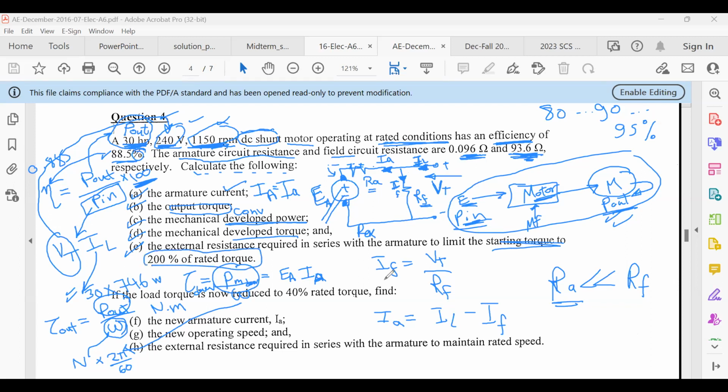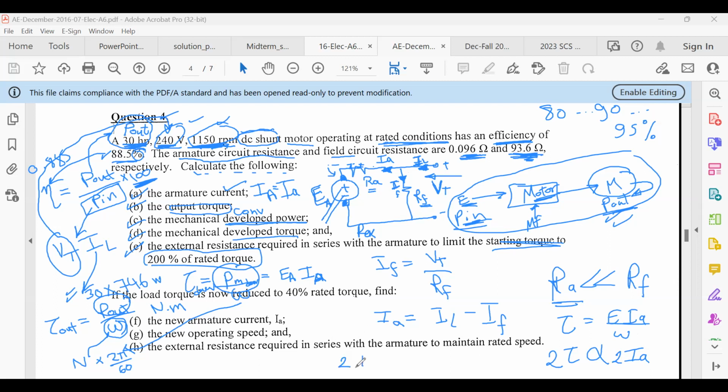Remember, during starting, sometimes we allow the current and the torque to go over the rated, but this is just for a short period of time. So 200% of the torque. Remember the torque equals E IA over omega, so the torque is proportional to IA. You want this one to be limited to 2 times.